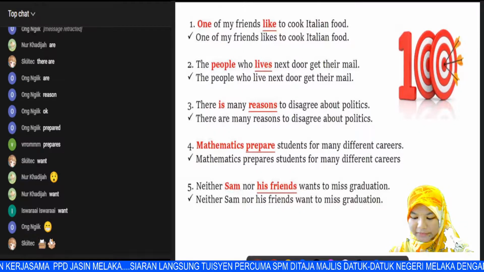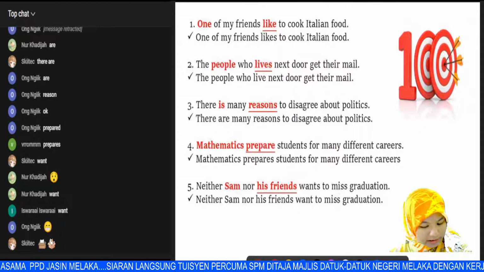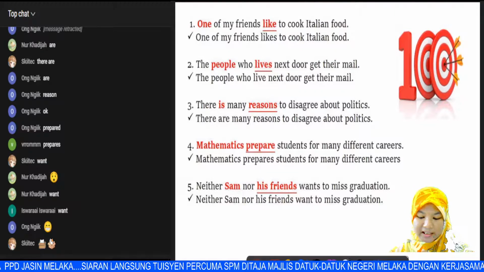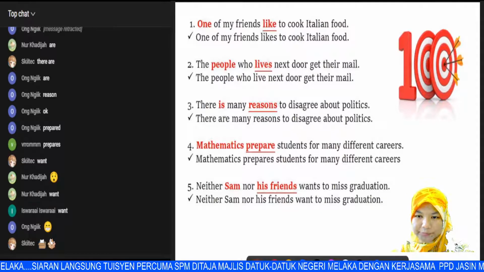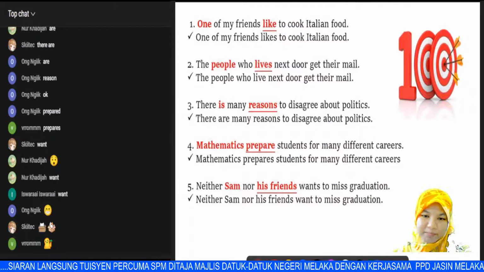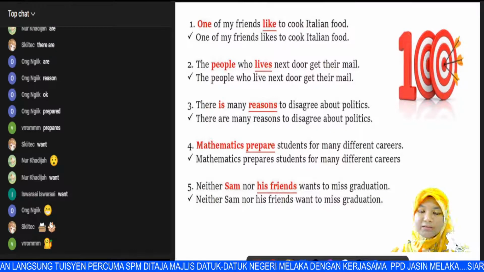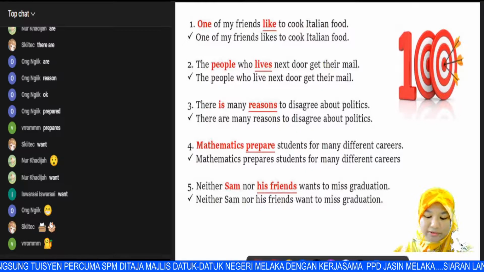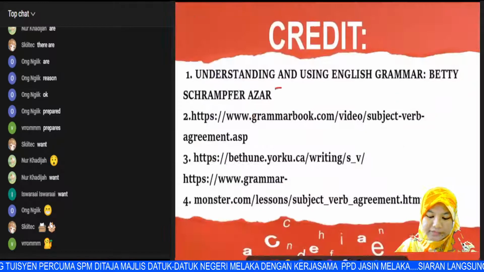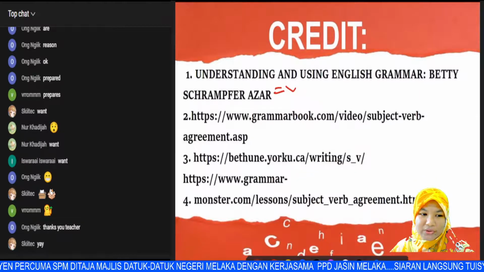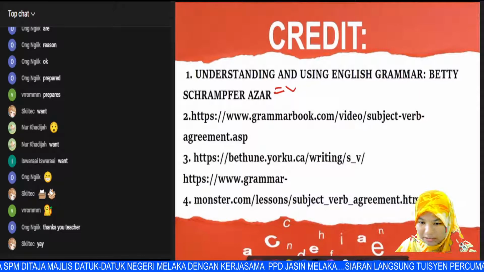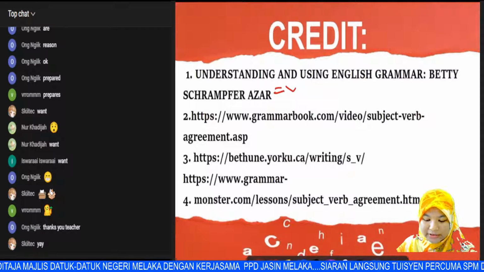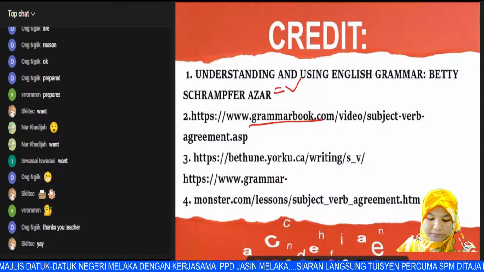The first one I refer to is a grammar book, Understanding and Using English Grammar by Betty Schrampfer Azar. I have been using this since way before, during my school years and even in my university years. I love this book. I also search online. This will be my favorite: grammarbook.com.